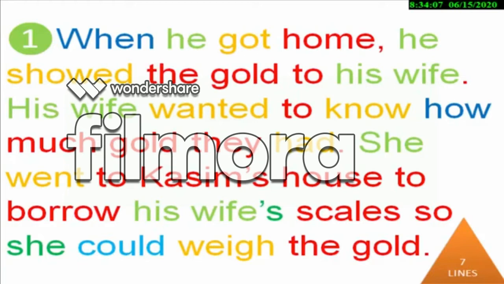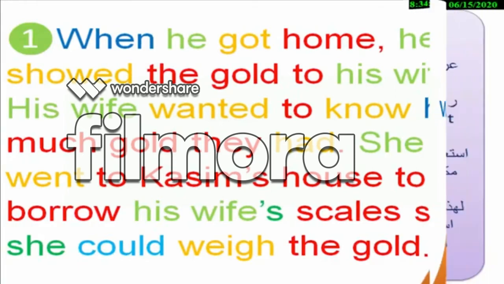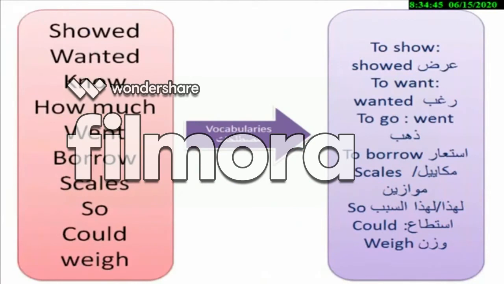Now we are going to introduce and present the difficult words translated in Arabic, then we'll read again to explain and translate each statement or sentence in detail. Let us enjoy. We will start from the left side to present the key or difficult words. Showed, wanted.